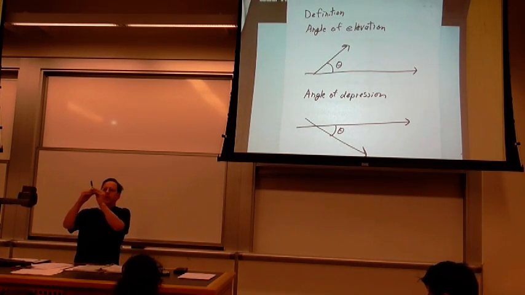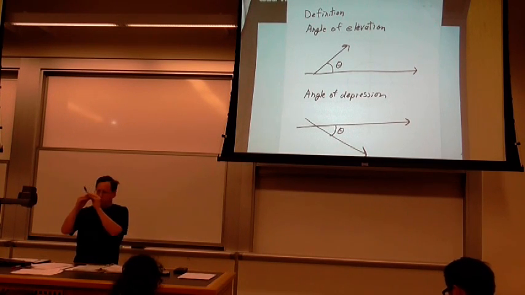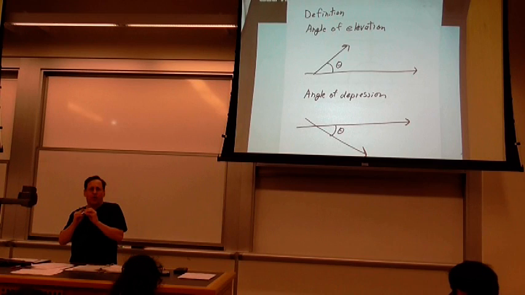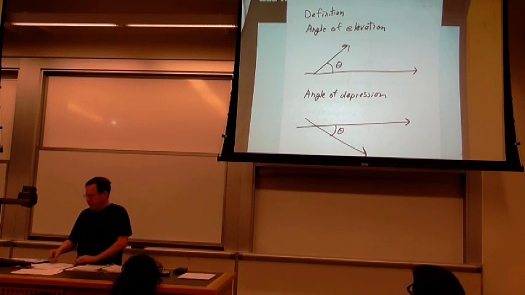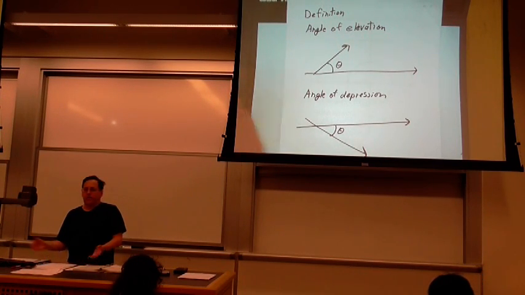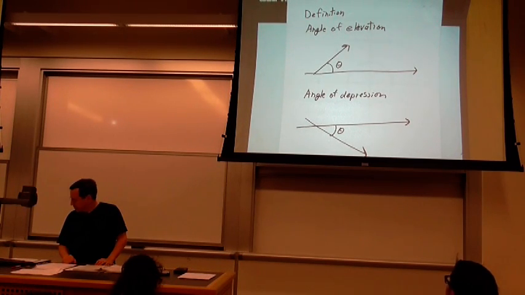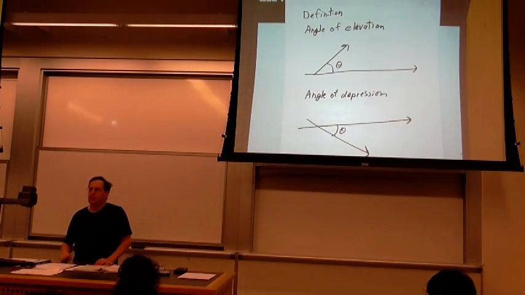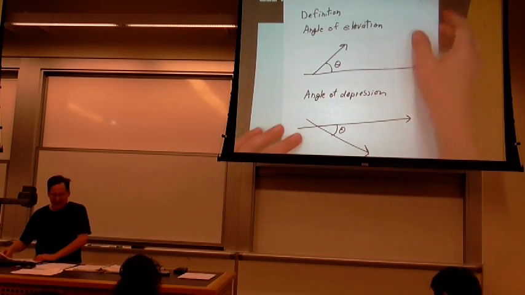If you get out there at dawn or sundown, and you look at the horizon with one little telescope, and at a star with another pointer, and you measure the angle of elevation of that star. You do that for a couple stars, you can figure out where you are in the world. But we're not going to do celestial navigation, not today anyway.